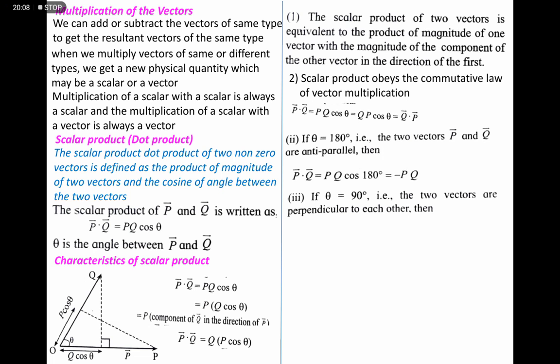Or vice versa, you can say the dot product of two vectors is 0 when they are perpendicular to each other. Anyhow, we have to keep it in our mind. When vectors are perpendicular to each other, their dot product is 0.